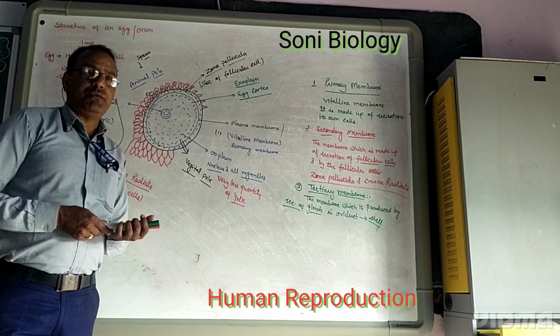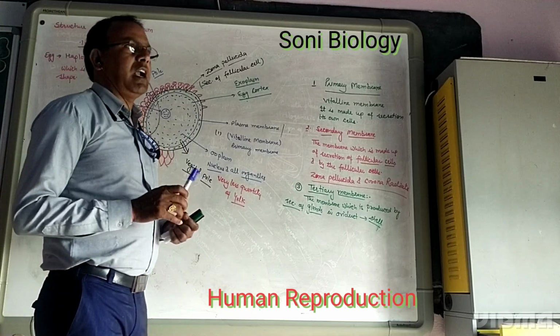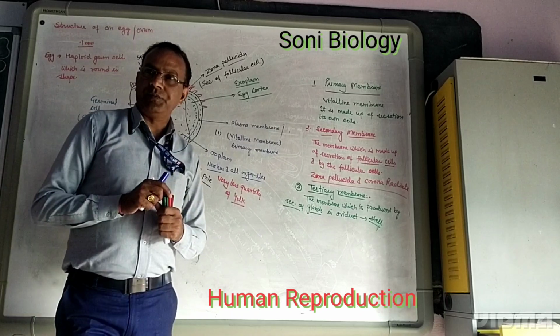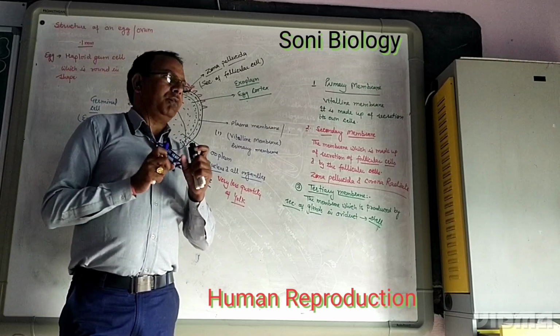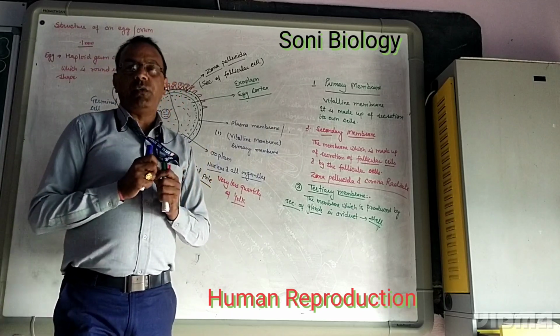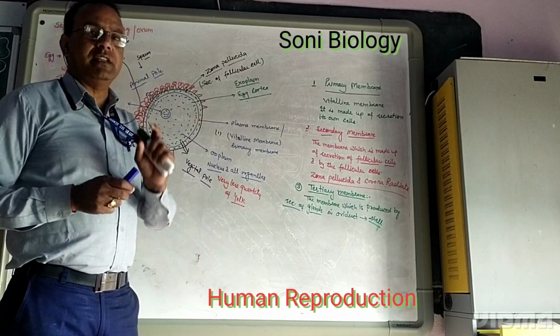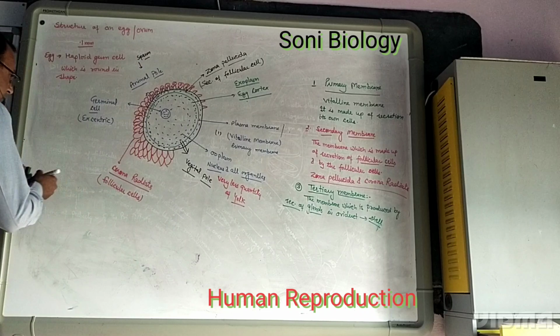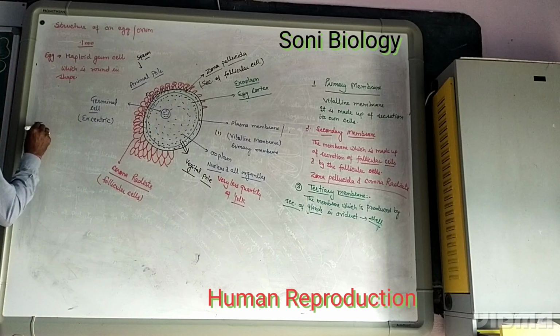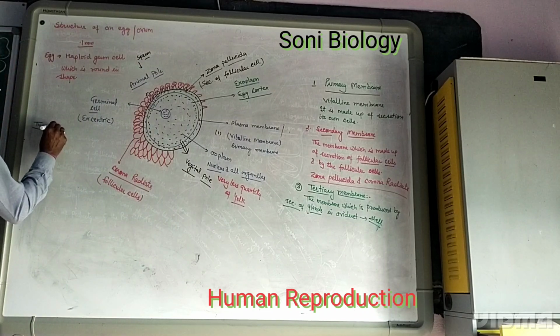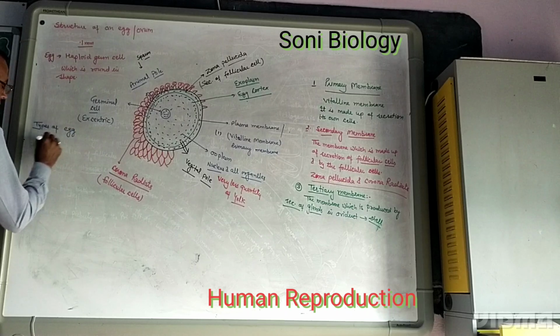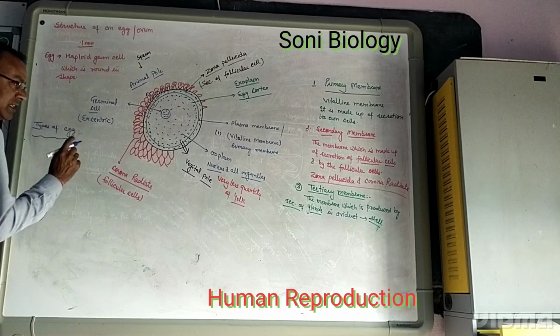Again, yolk. Formation of yolk is called vitellogenesis. On the basis of the amount of yolk in an egg, we can categorize different types of eggs. Types of eggs. On which basis?